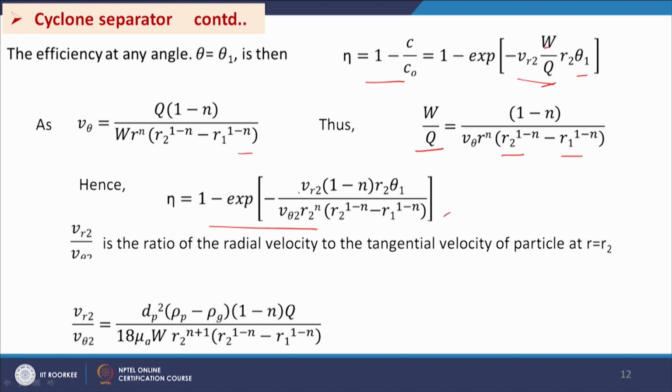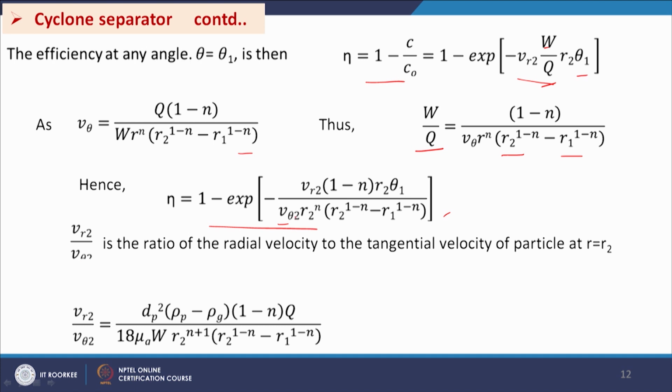Now, what is this V r 2 by V theta 2? This is nothing but when r is equal to r 2, at that time the ratio of the radial velocity and the tangential velocity. Okay. So, at r equal to r 2.